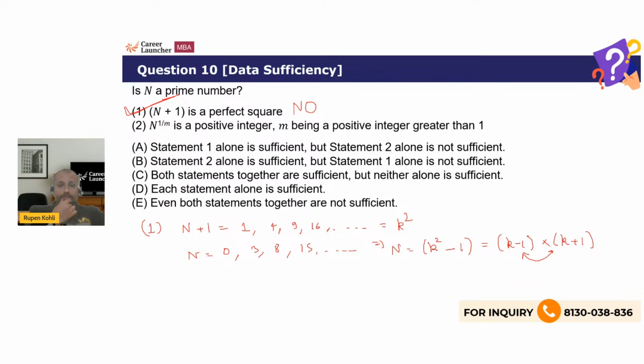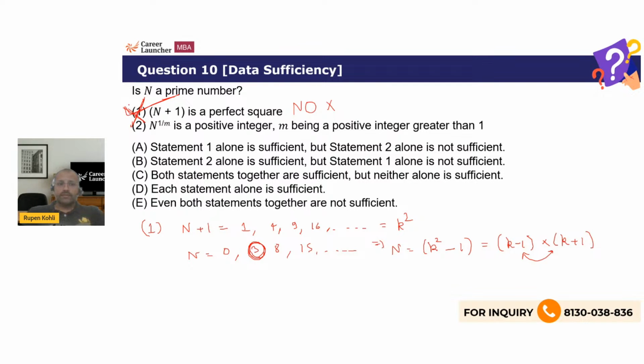But 3 is prime. That is the exception. Right. So there is only one exception, when it takes the value 3. Correct. So due to one exception, this statement is actually not sufficient.